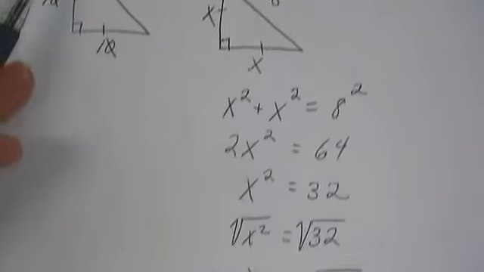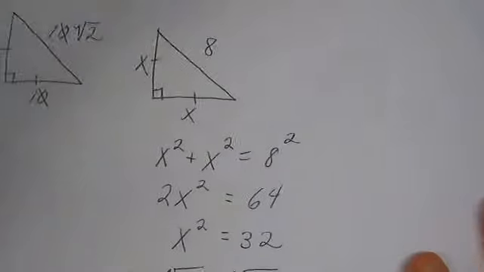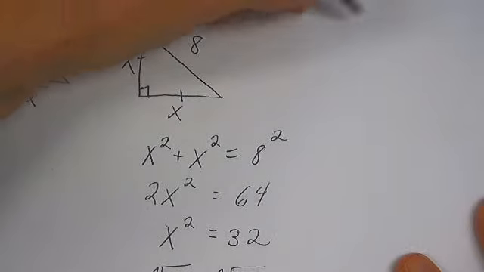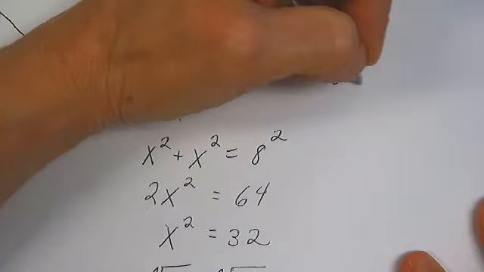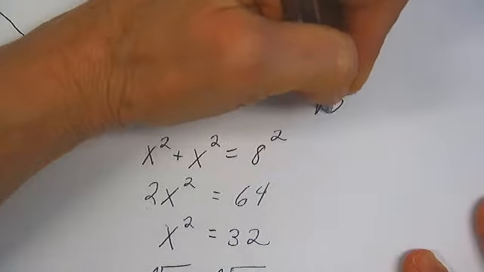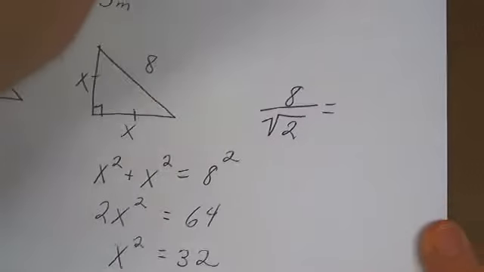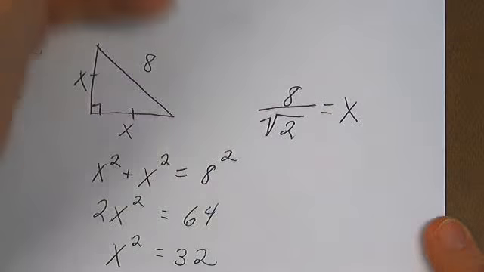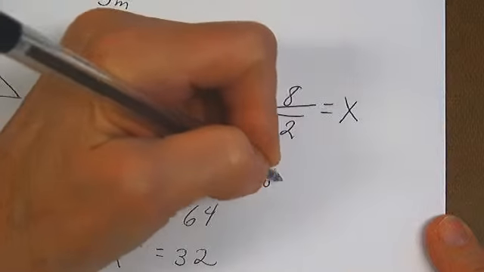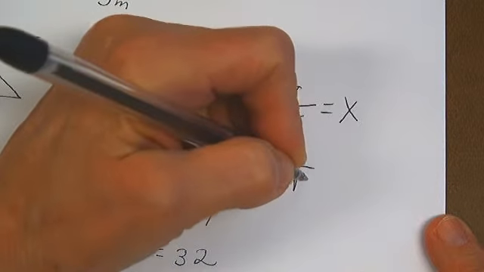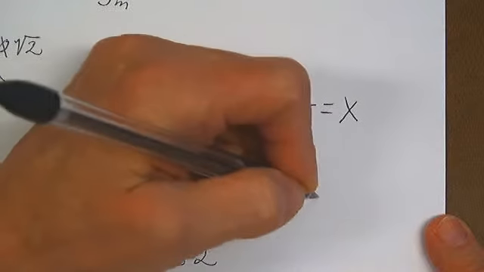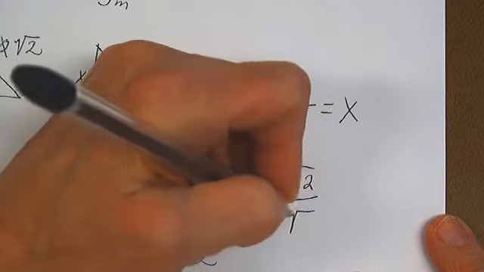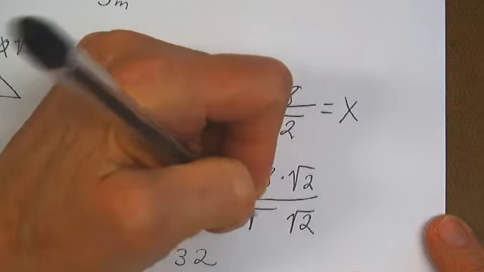Another way to solve the problem is to notice that 8 divided by the square root of 2 is going to be x.